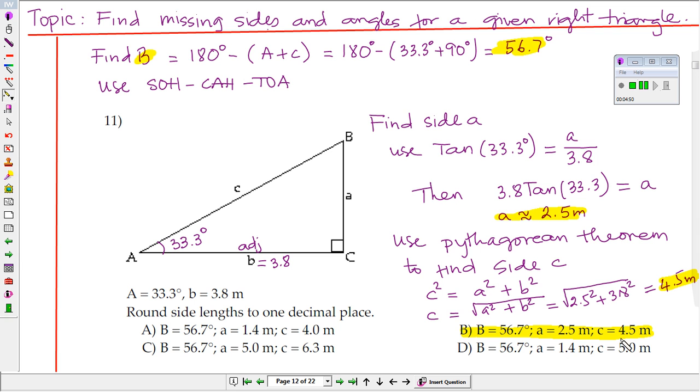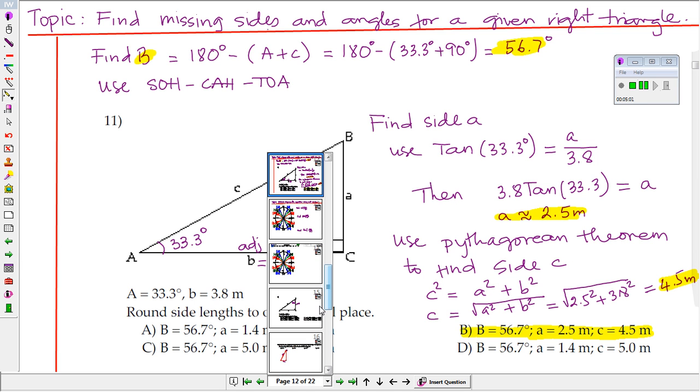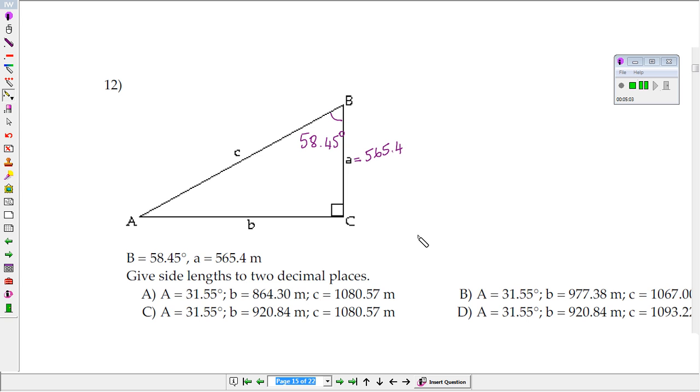Okay, let's move on to the second example. Here, again, this is a right triangle and we know two angles and one side.